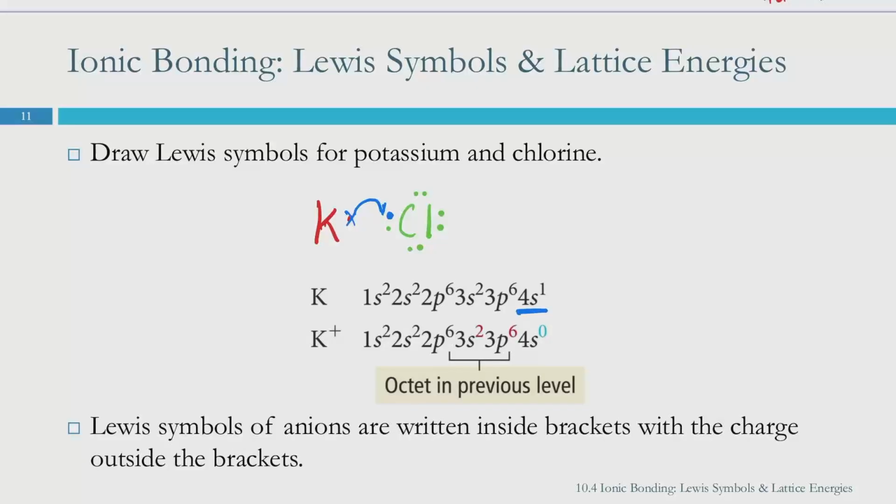When we take off that 4s1 and make it 4s0, we reveal a full octet in the previous level. So stripping away all of our valence electrons is another way of getting to a full octet. So we don't draw anything in, we just leave it blank, but it secretly has a full octet.